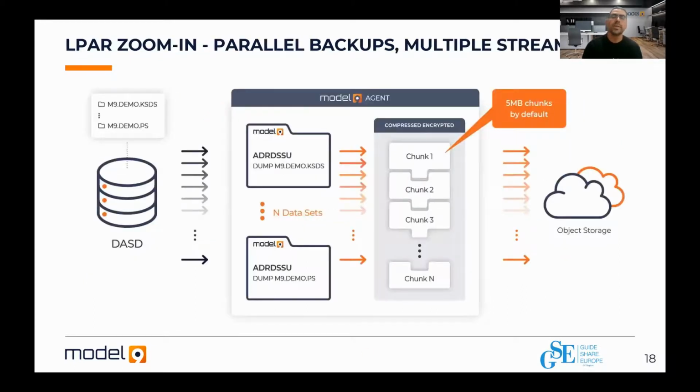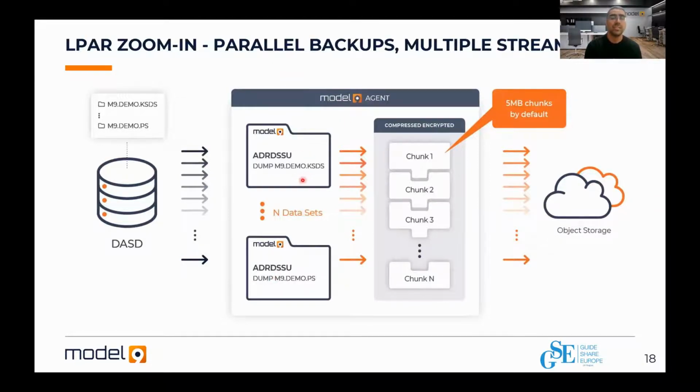So I'm going to drill down now. Considering what we've seen up until now, I'm going to drill down into a single agent running on a single LPAR. So we're taking data now from DASD and trying to push it out to the cloud. We're going to have multiple backups running inside the Model 9 address space, which we call the Model 9 agent.